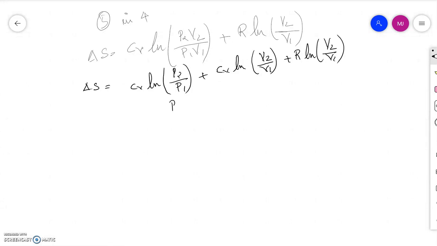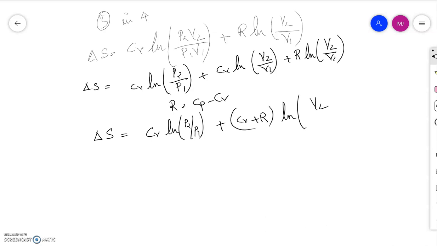And we know that R is actually Cp minus Cv, or delta S will become Cv ln P2 by P1 plus, I'm going to group it like this, Cv plus R ln V2 by V1.